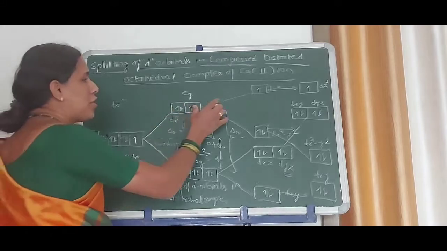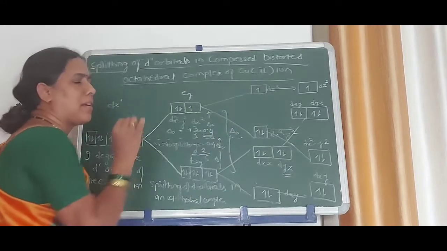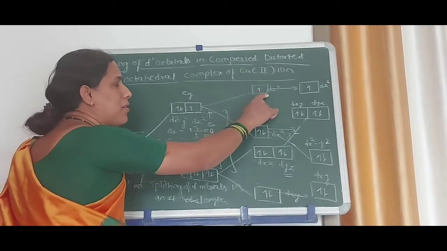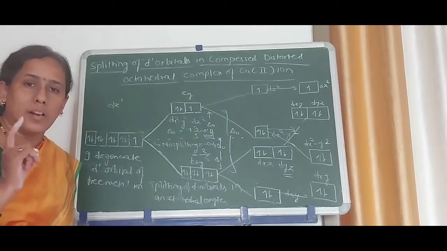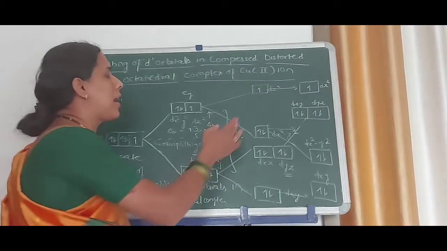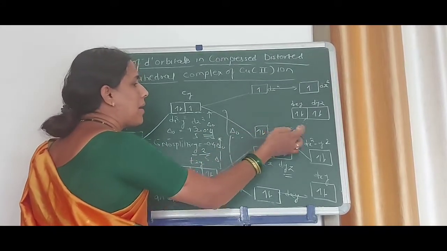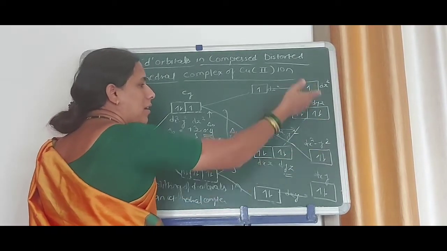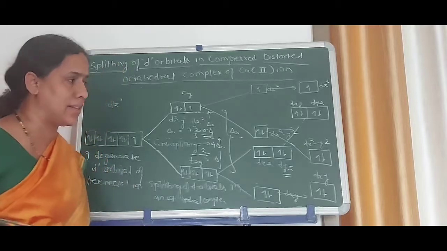Therefore the attraction between these ligands and the central metal ion increases. Thus the repulsion between the electrons of the dz square orbital and the central metal ion increases. Therefore it acquires more energy in comparison with dx square minus y square. Therefore the energy difference is like this.